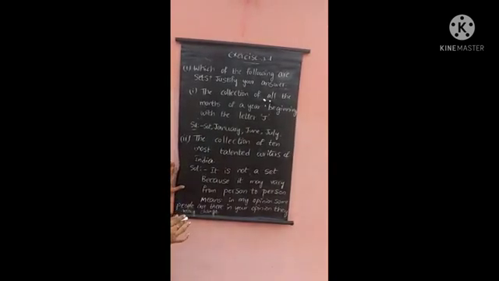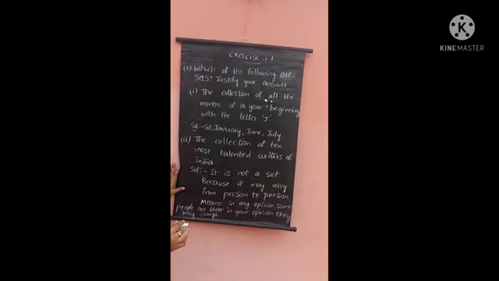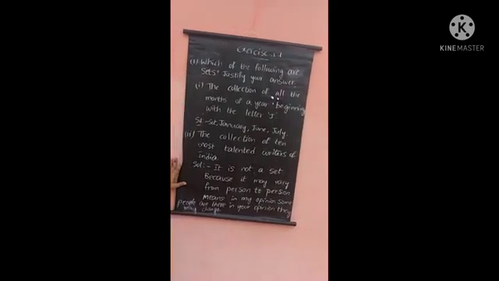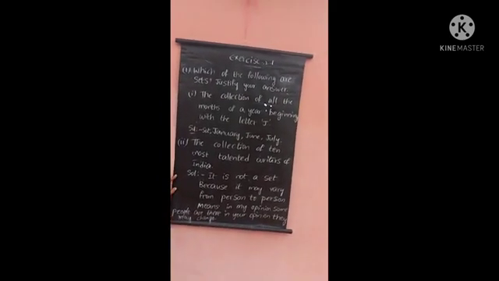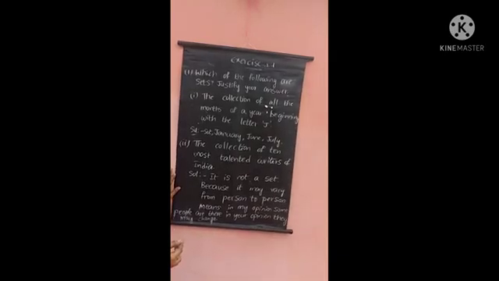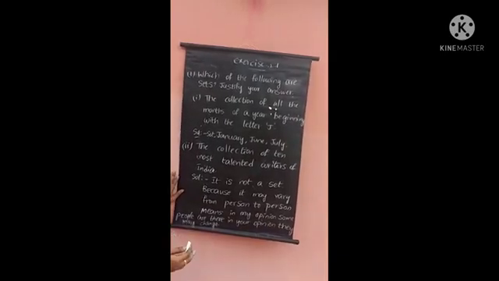We have to decide whether the given collections are sets or not. If they are sets, we have to say the reason why they are sets. And if they are not sets, we have to write the reason why they are not sets.